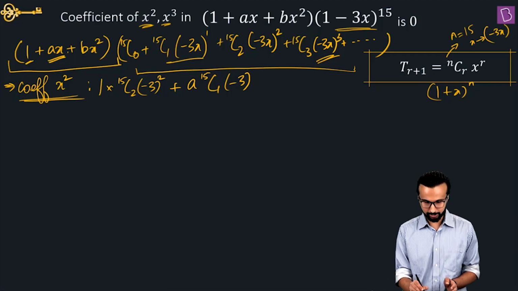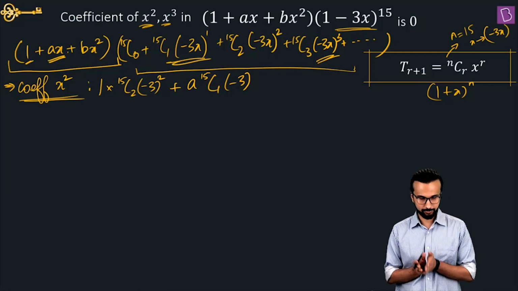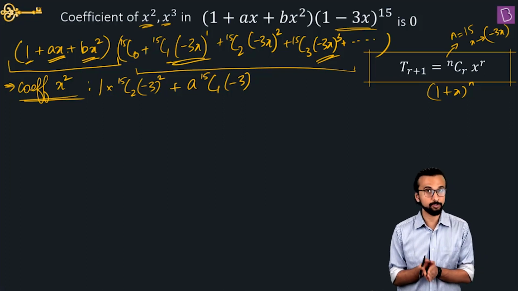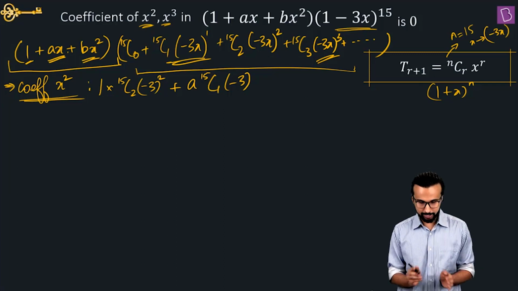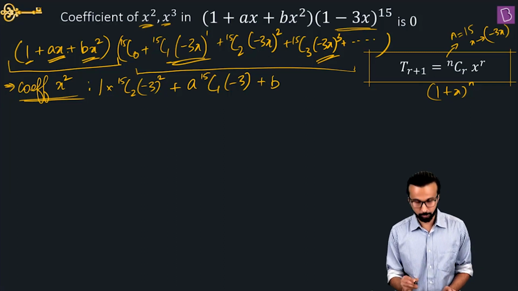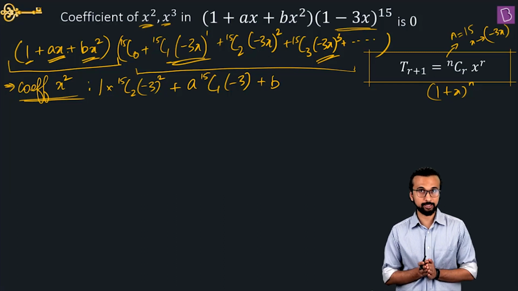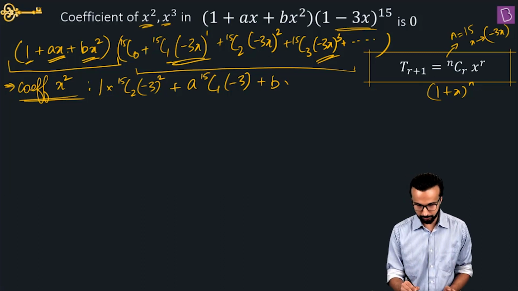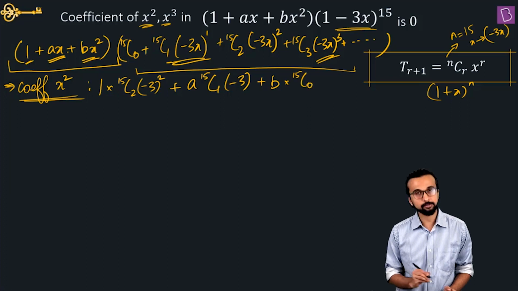This is where the x term is coming from. Next, the third term of the first part is bx square, which has coefficient b, and this multiplies with the constant term from the second part, which is 15C0.